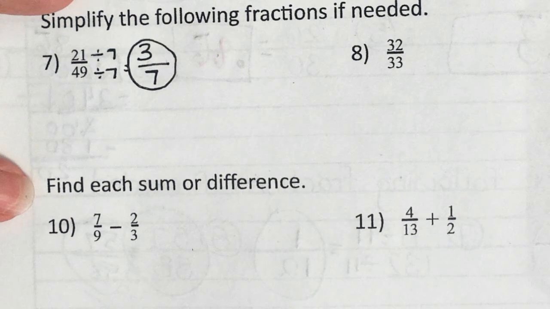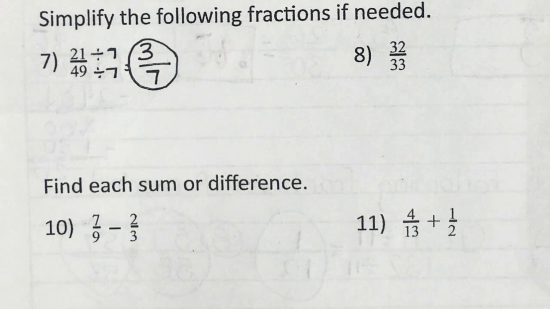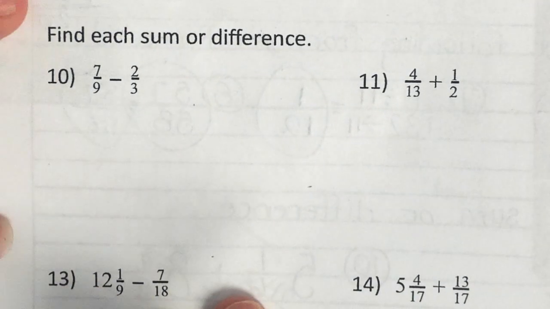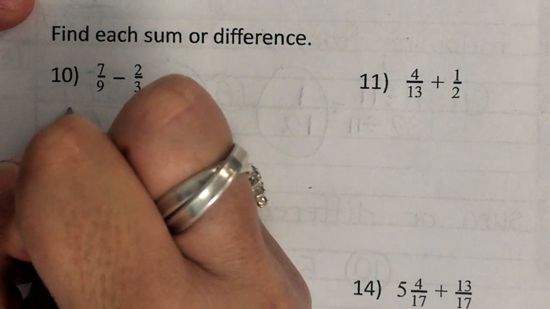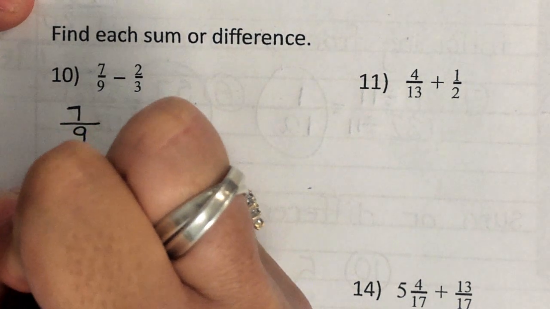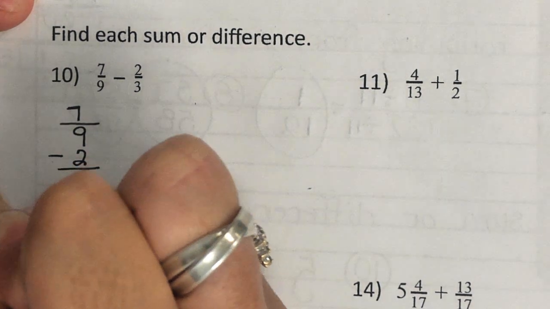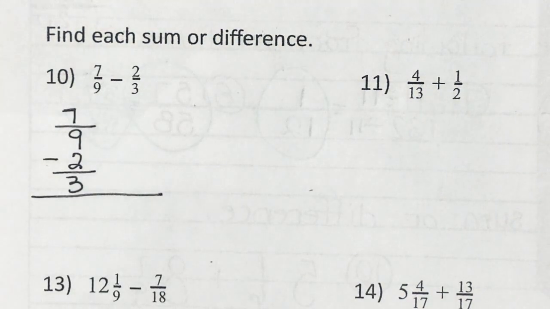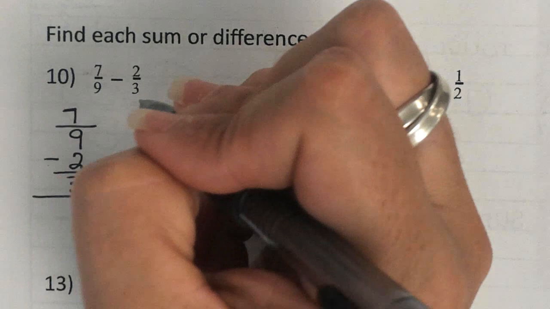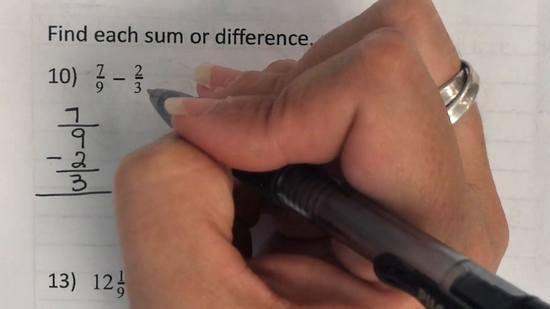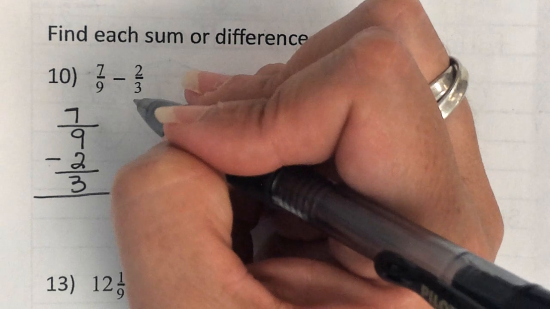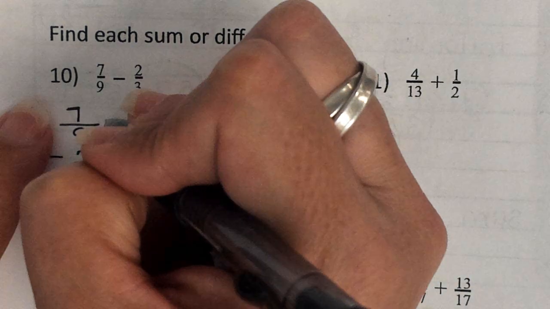And I'll probably do like 10 and 11 and then leave you hanging. So let's see. 10. Okay, I am going to kind of stack 10 up and down here. 7/9 minus 2/3. Common denominator? 18. I'll be honest, 18 works, you'll just need to simplify your answer.